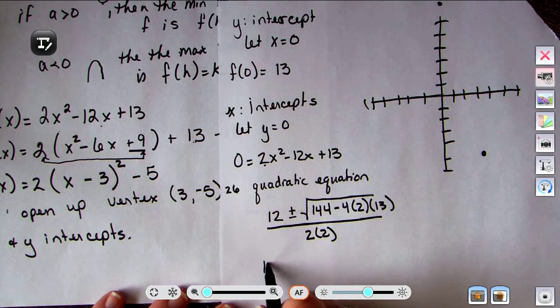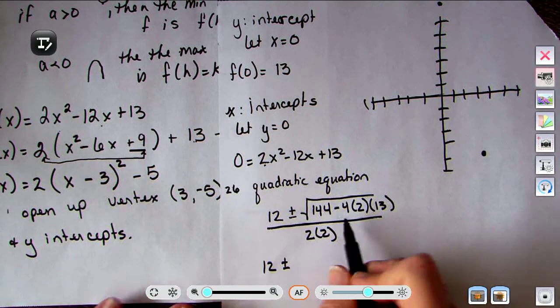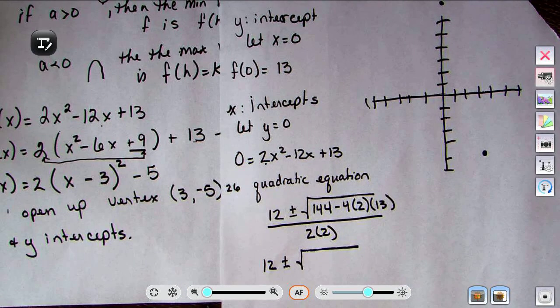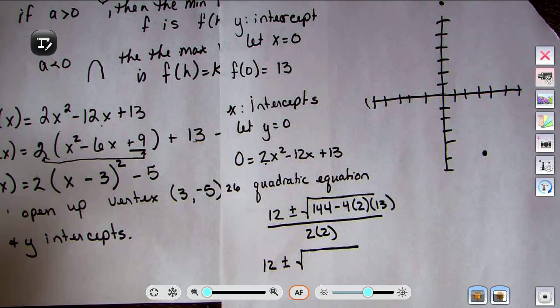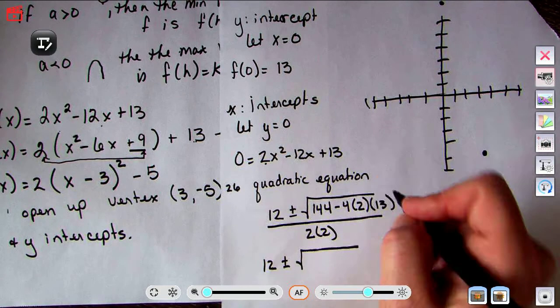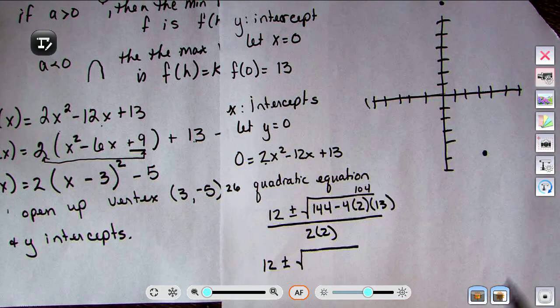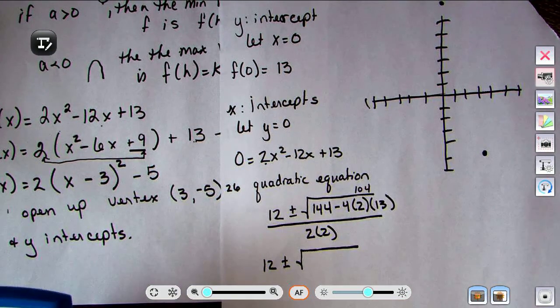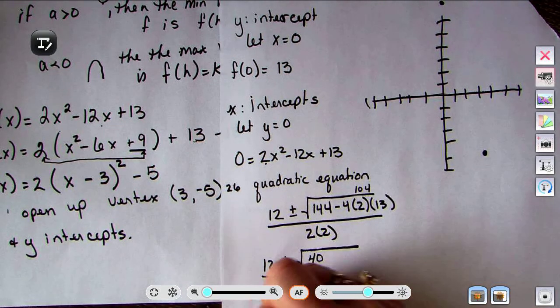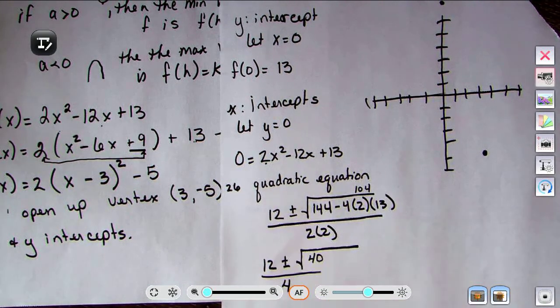So we have 12 plus or minus. All right, so I need to do this work here. 144, so let's see, 4 times 2 times 13, I am using my calculator, is 104. So 144 minus 104 is 40, all over 4.